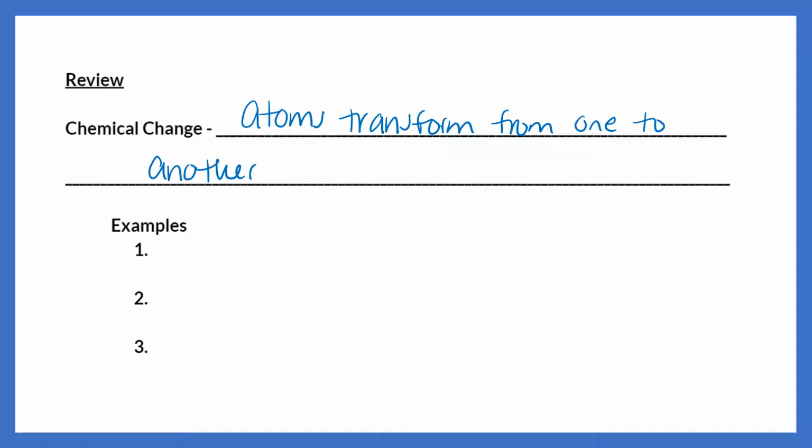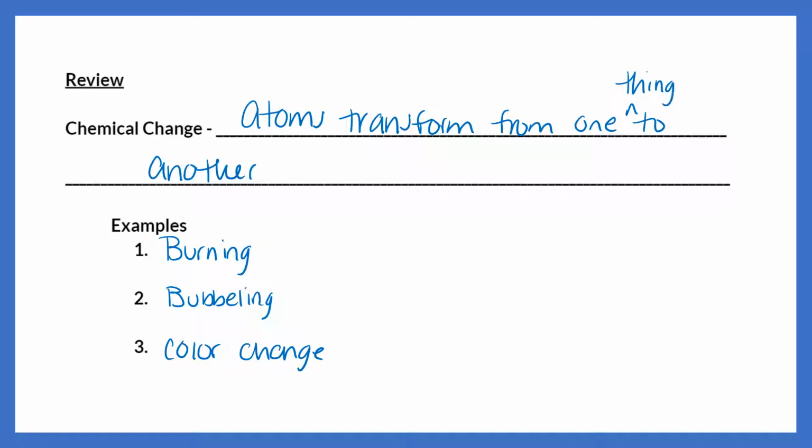Examples to recognize a chemical change are burning, bubbling, and a color change. Okay? So it's when the atoms transform from one thing to another. And you can recognize this chemical change by something burning, something bubbling, and a color change.